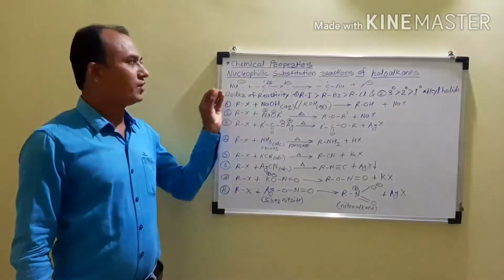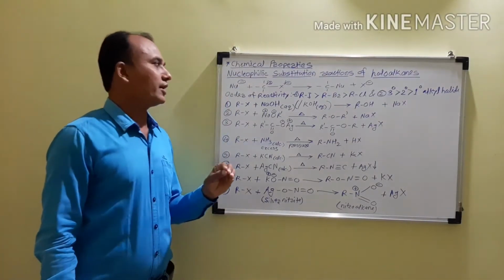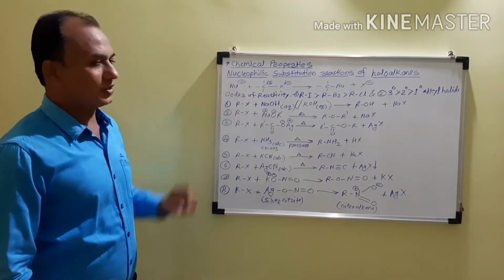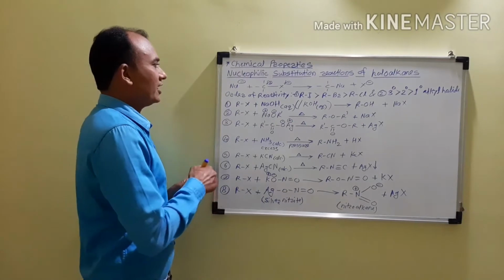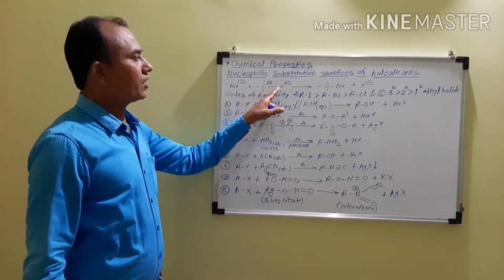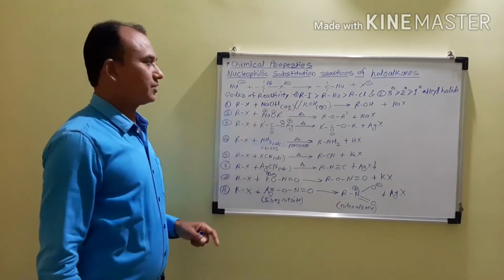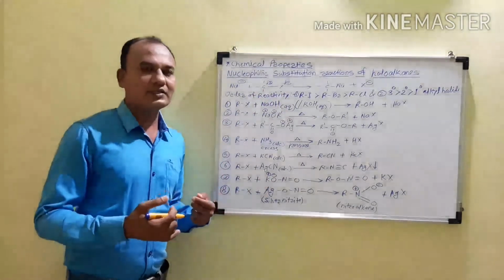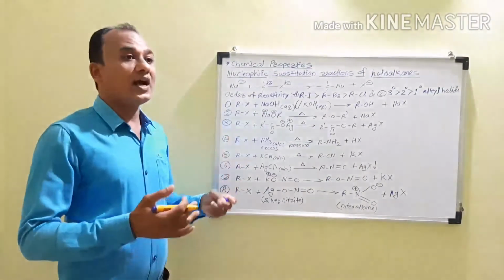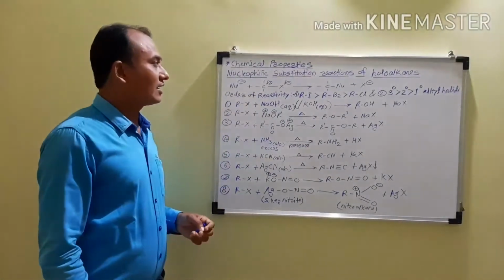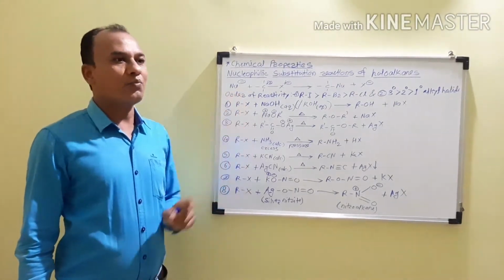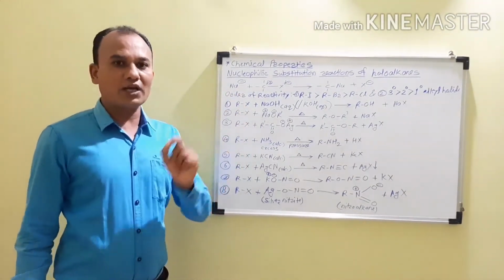For example, on this blackboard I am writing the nucleophilic substitution reaction. In that case, U negative represents the nucleophile, and this is some part of the substrate. As you know, we are considering the nucleophilic substitution reactions of alkyl halides, and in the alkyl halides the C-X bond is a polar covalent bond.